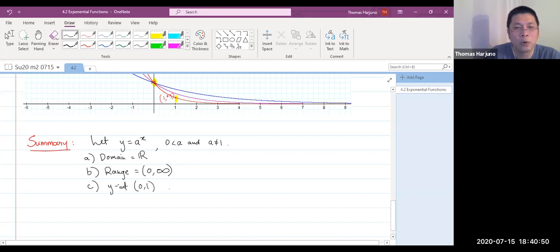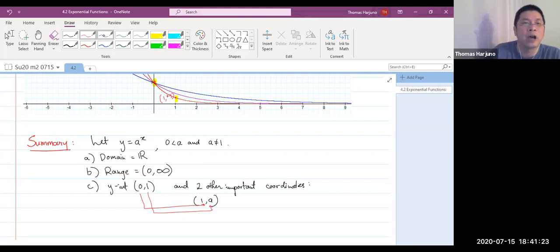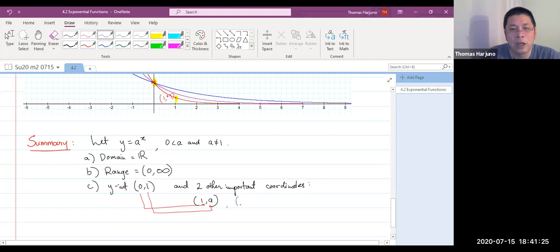In fact, let me say more. Two other important coordinates are (1, a). So imagine if you move 1 unit to the right, then you will multiply the 1 by the base a. Now the other important coordinate is when x is -1.